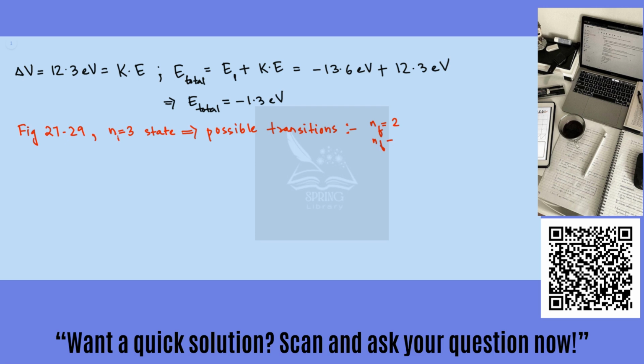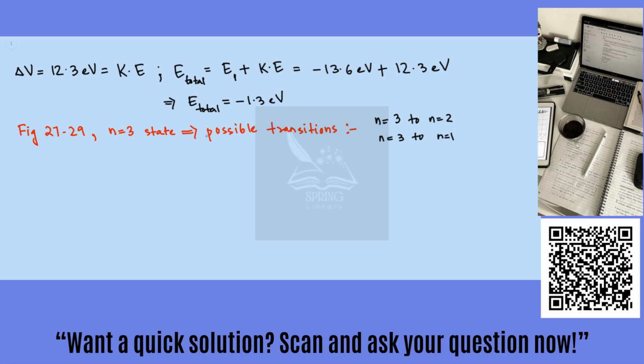Okay, so there are other transitions also, so maybe this notation is not a good idea. So let's write all the possible transitions. So this could be n equals 3 to n equals 2. We can also have a transition from n equals 3 to n equals 1.